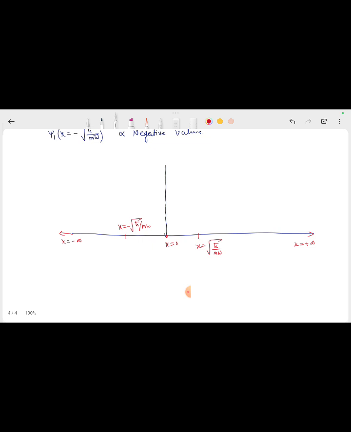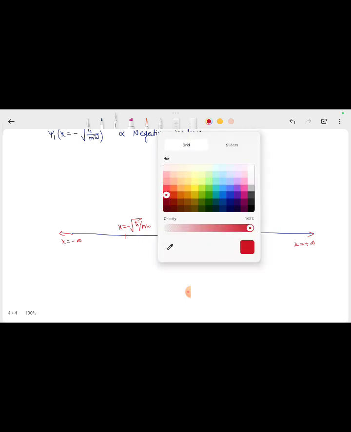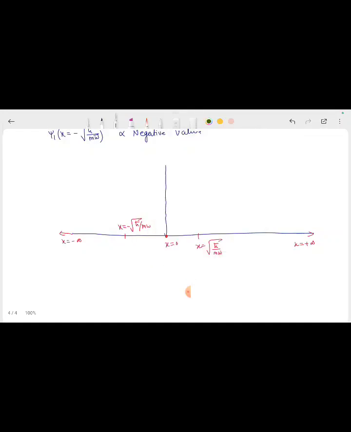At x equals 0 we get the 0 value, at x equals root under h cut upon m omega we get the maximum positive value, and then it tends to 0.